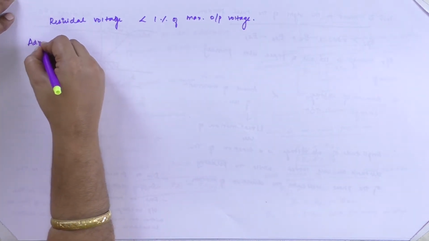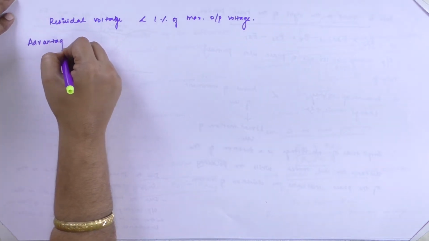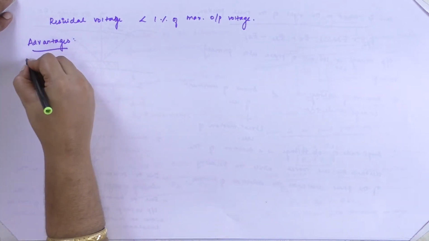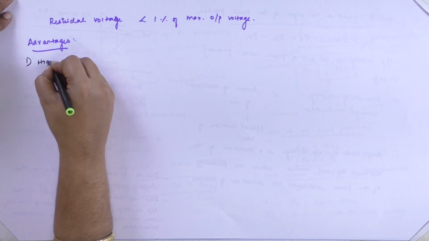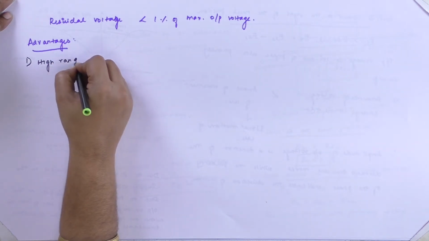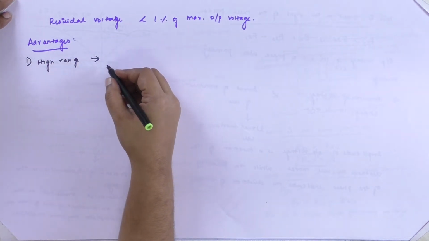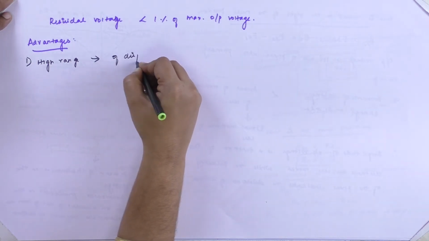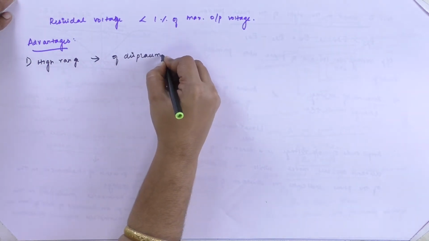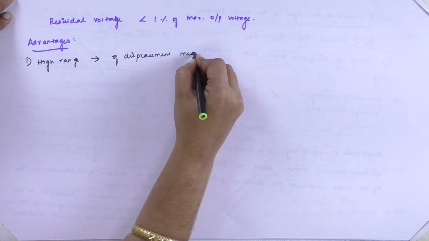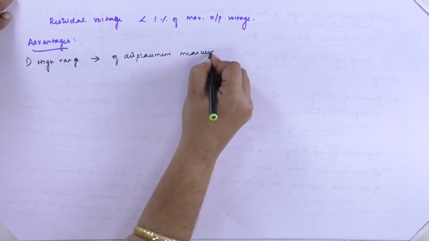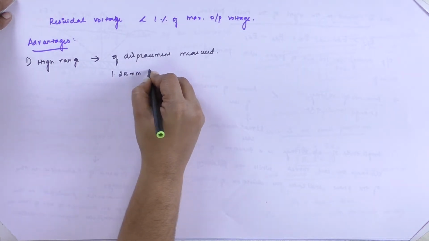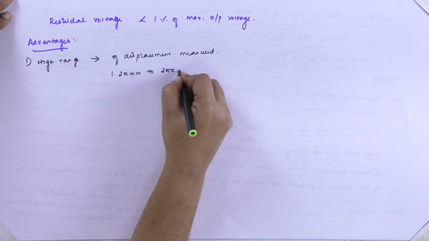Now let us see the advantages of LVDT. First one is the high range. A high range of displacement can be measured by using this LVDT, that is from 1.25 mm to a displacement of 250 mm.